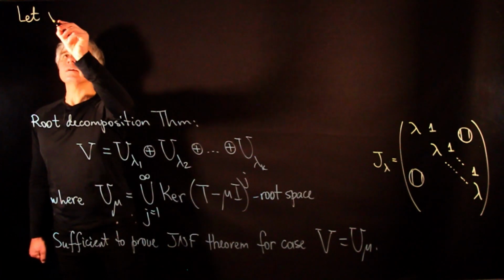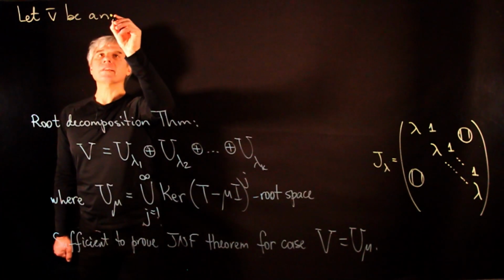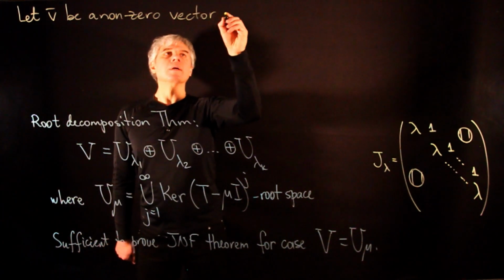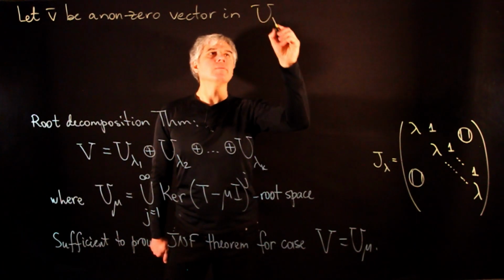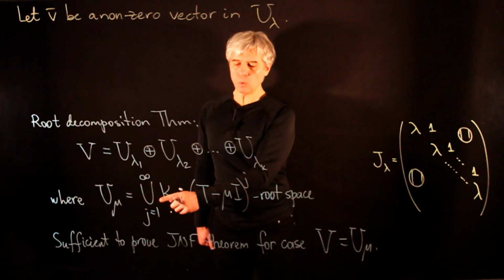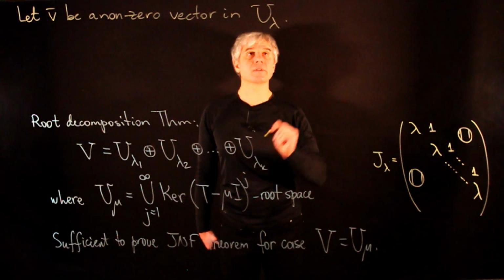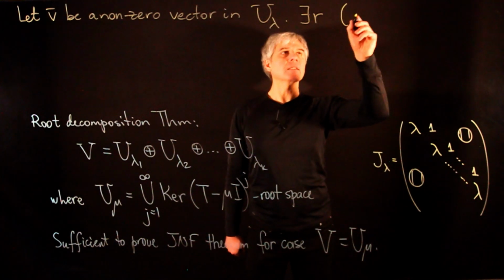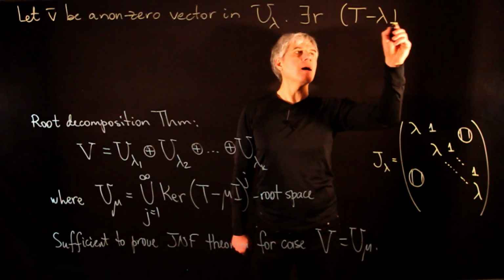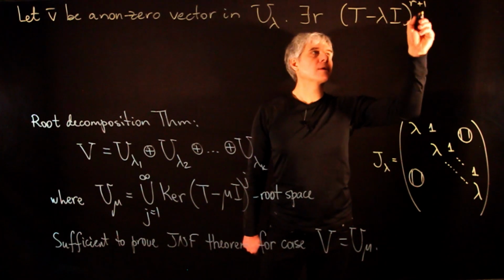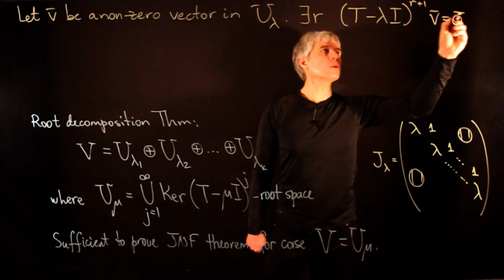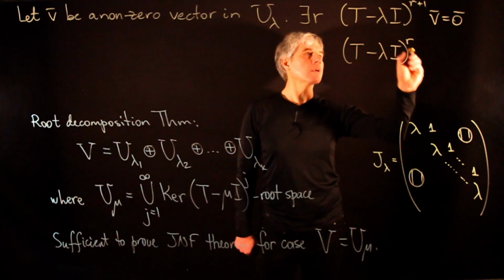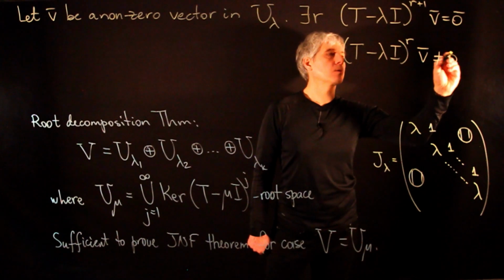Let v be a non-zero vector in the root space U lambda. U lambda is the union of kernels of these operators. So we get that there exists an integer r such that (T minus lambda I) to the power r plus 1 acting on v is equal to 0, while (T minus lambda I) to the power r acting on v is not equal to 0.